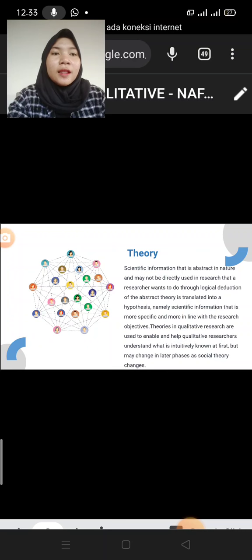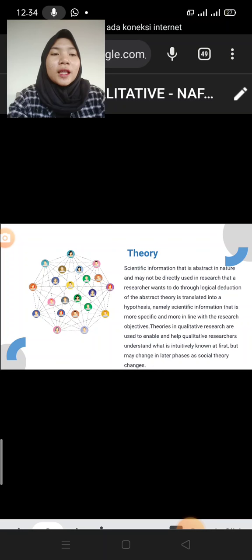Theory: scientific information that is abstract in nature and might not be directly used in the research that researchers want to do. Through logical deduction, the abstract theory is translated into a hypothesis, namely scientific information that is more specific and more in line with the research objective.